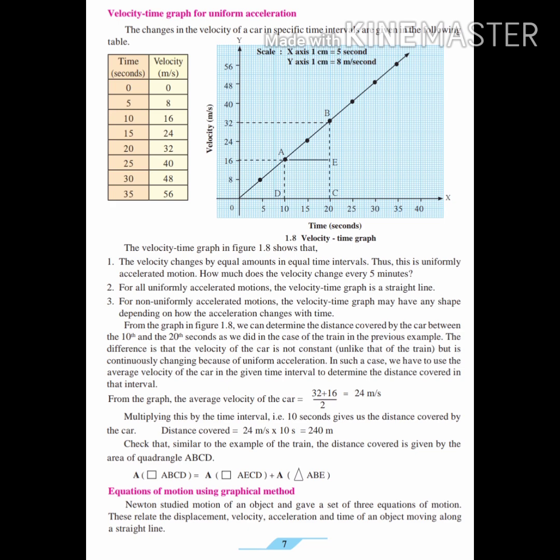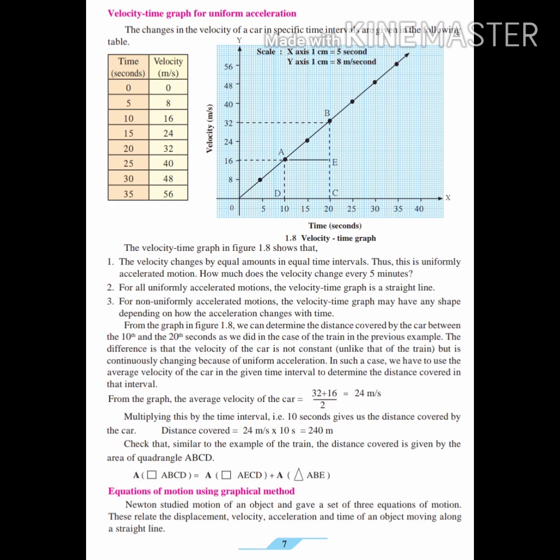The other method which I told you: first you can add the area of triangle AEB, that is half into base, where the base is AE and the height is BE, plus the area of the quadrilateral DCEA. So DC will be your 10 and CE will be 16.